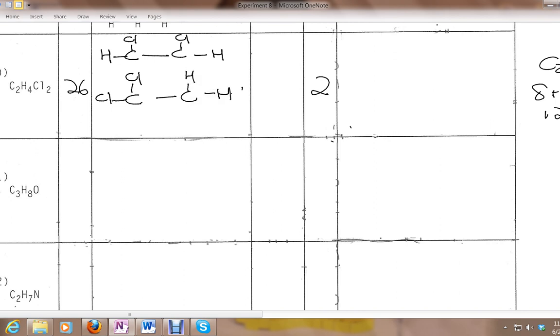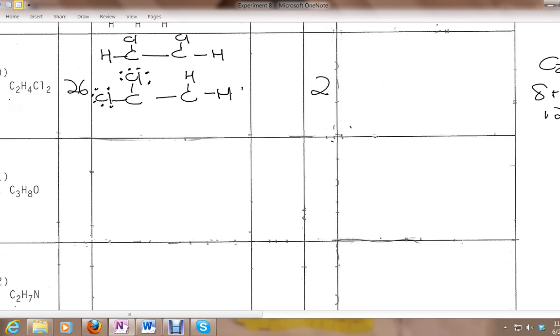H, H. Now we have 26. Then 1, 2, 3, 1, 2, 3, 4, 5 is 10. So it's going to be minus 10, so we have 16.